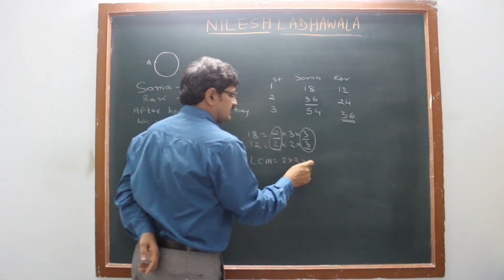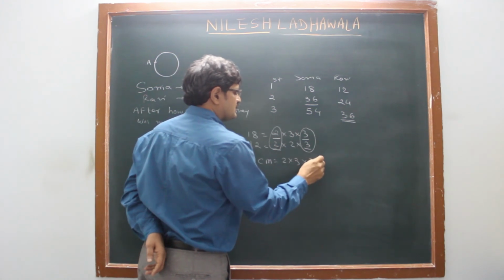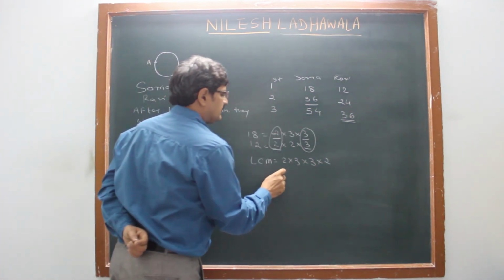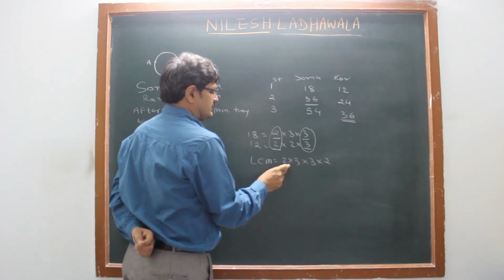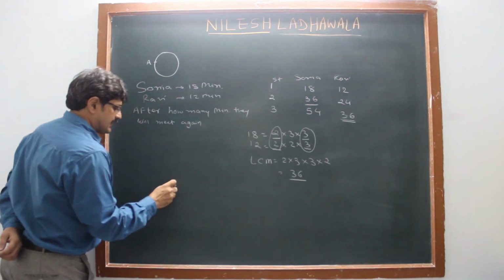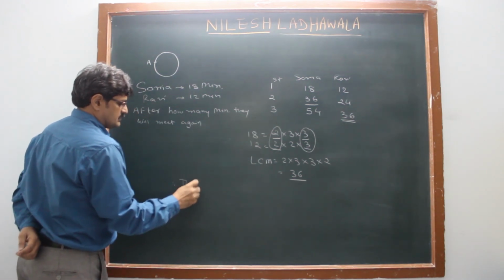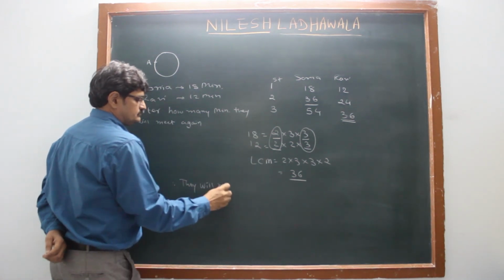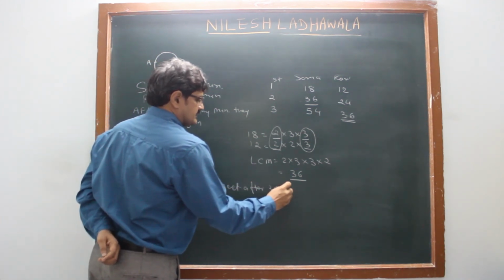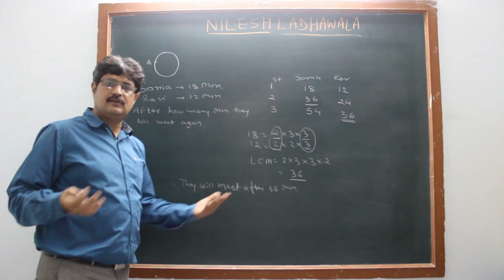Then I will write the remaining factors, that is 2 into 3. Got it? So we will have 3 into 3, 9, 9 2s are 18 and 18 2s are 36. So I can write that they will meet after 36 minutes, and that is your answer.